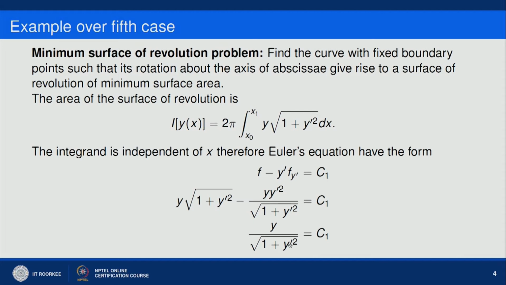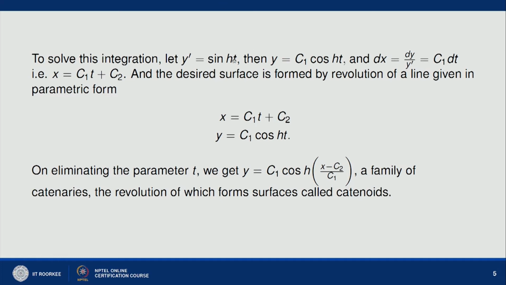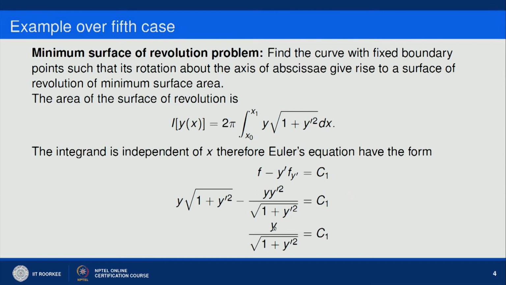If we take y' as sinh t, then 1 plus sinh squared t is basically cosh squared t. Since the square root is there, if y' is sinh t, then y comes out to be c1 cosh t.